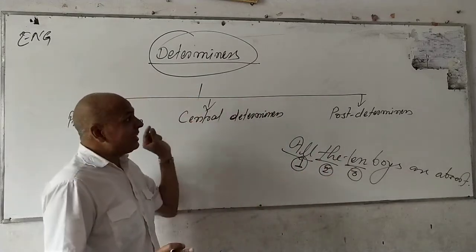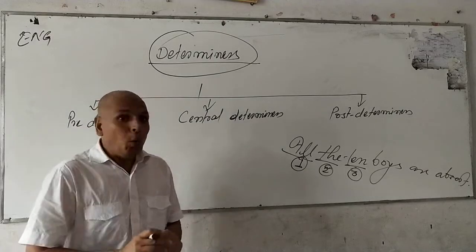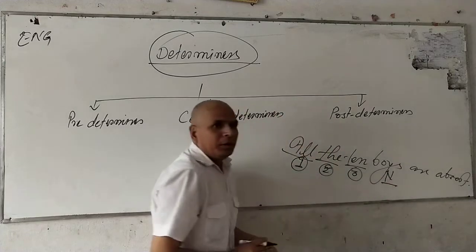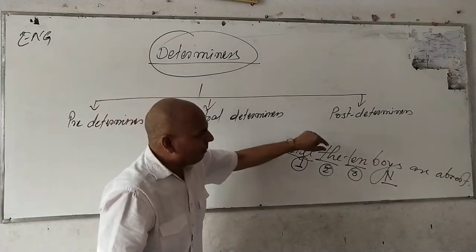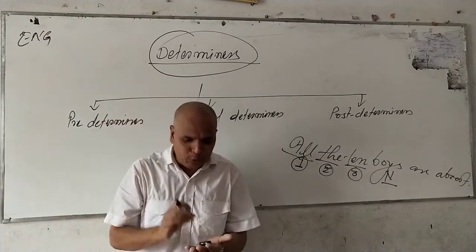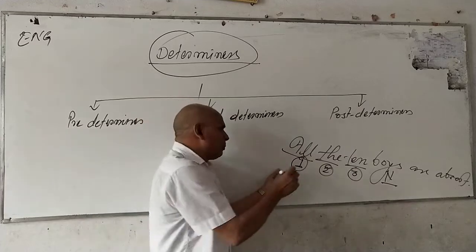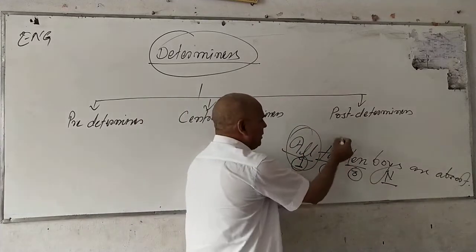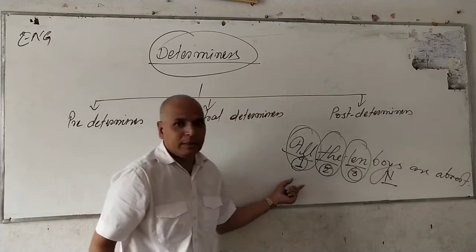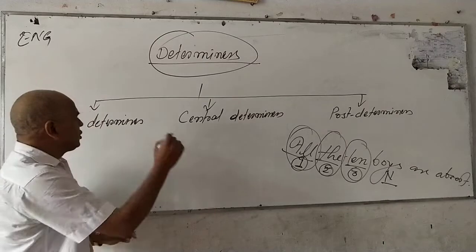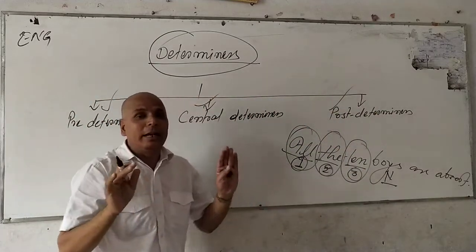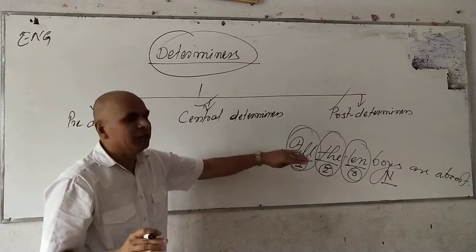What is the benefit of these 3 categories? While putting the 3 determiners together before a noun, we have to think which determiner is supposed to come first, which in the center, and which in the last. So this concept of classification will clear the doubt about putting the determiners.